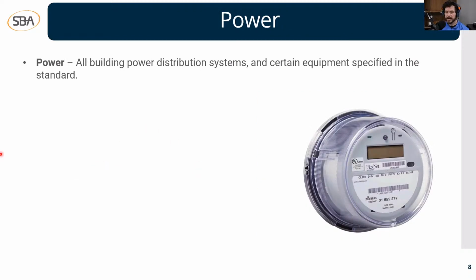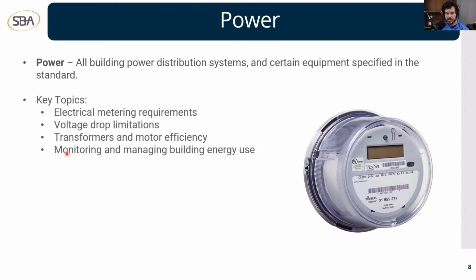Now let's talk about the power systems. Now this one often surprises people. ASHRAE 90.1 includes voltage drop limitations to minimize losses in our wiring.